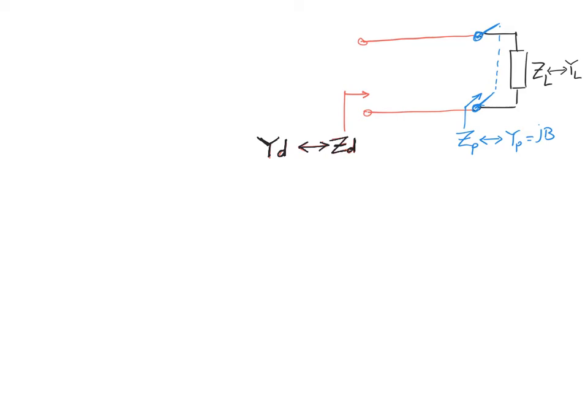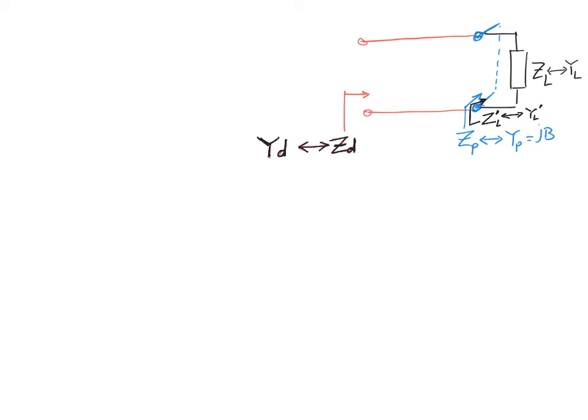The impedance that I see from here, which is basically the equivalent of the parallel connection of the load and that blue line, let's call that impedance ZL dash, and its corresponding admittance is going to be YL dash. So this is right after connecting the parallel with the load, without actually doing anything on the red transmission line. So it is the equivalent of those two connections together.